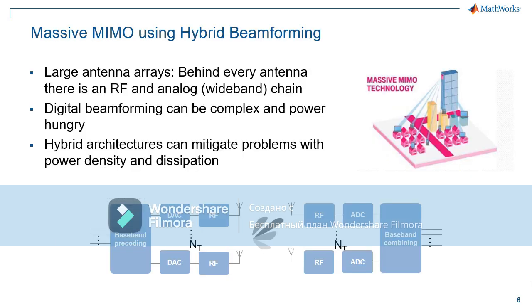How to put it all together? You're using high carrier frequencies, larger bandwidth, and large antenna arrays. This is an approach that works with 5G, especially at millimeter wave. This is known as massive MIMO. And massive MIMO essentially means that you're using very large antenna arrays, much above 64, 128, 256, and so on.